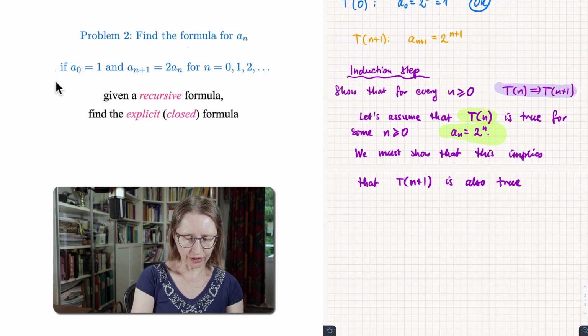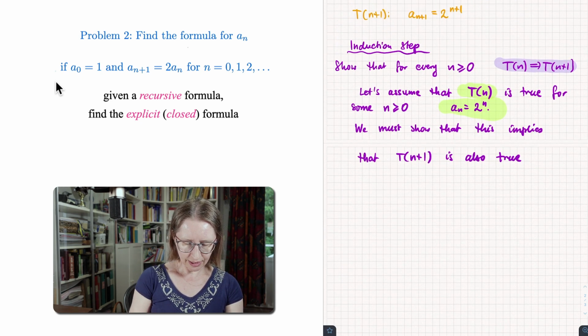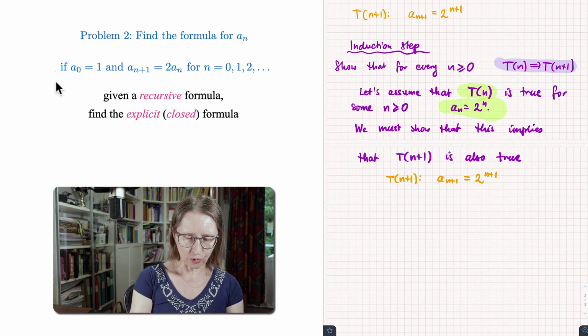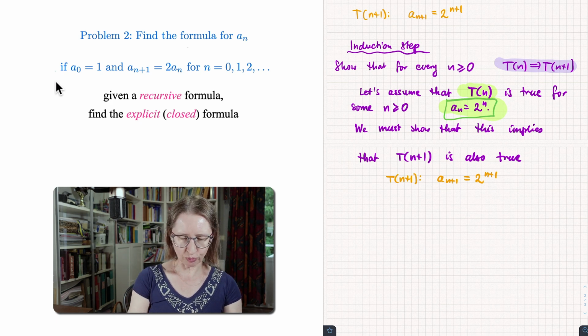And what was our T of n plus 1? T of n plus 1 was that a n plus 1 is equal to 2 to n plus 1, right? So now this green one is our assumption, and we have to prove this orange one.